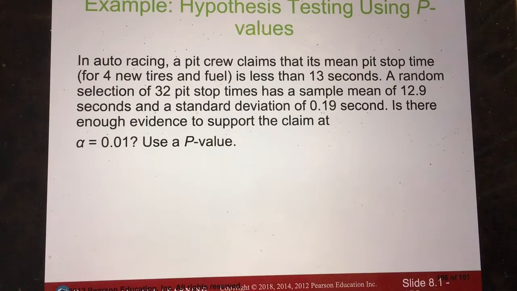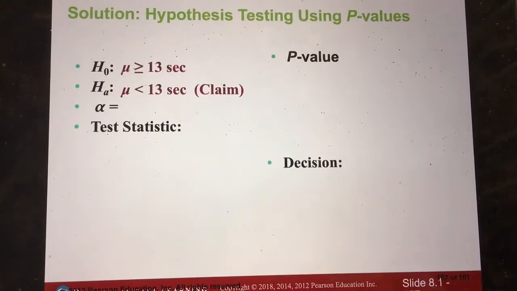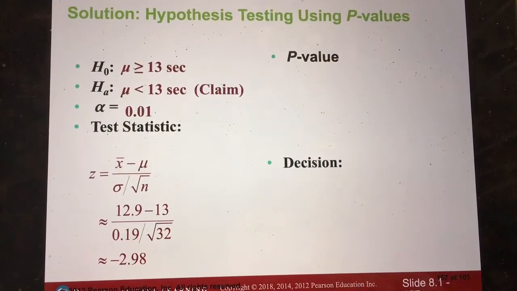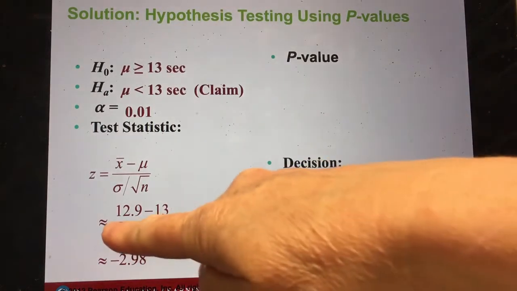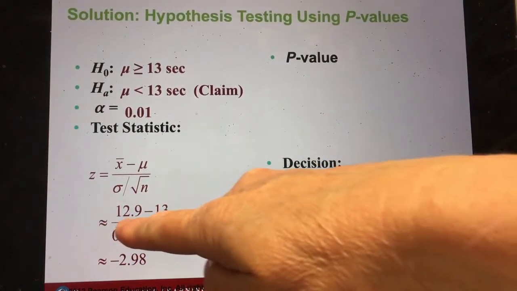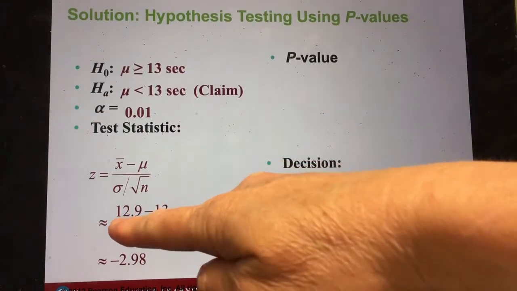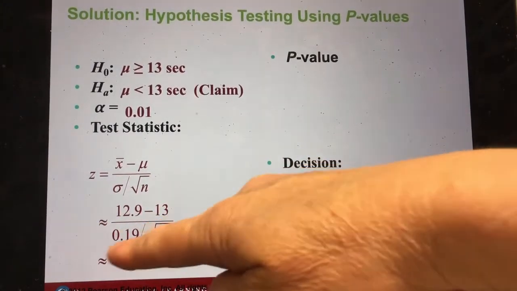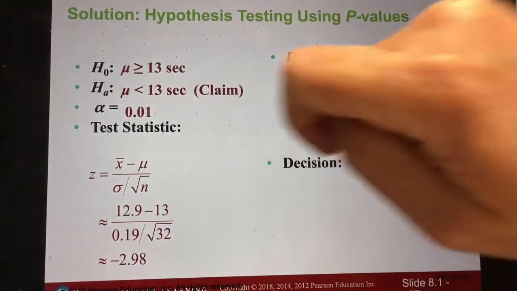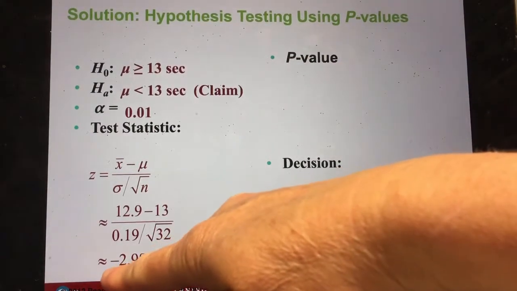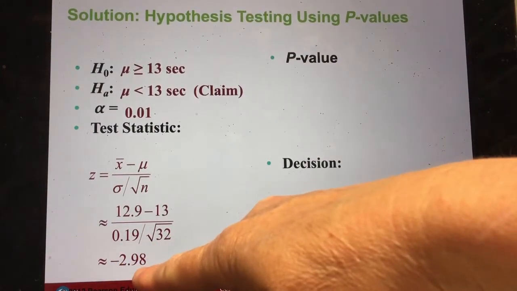Use a p-value. Okay, so now we're going to use the p-value instead of our critical value. They're claiming that the mean is less than 13, and our x bar seems to agree with that. When we do x bar minus the 13, we divide by our standard error down here, we get negative 2.98.